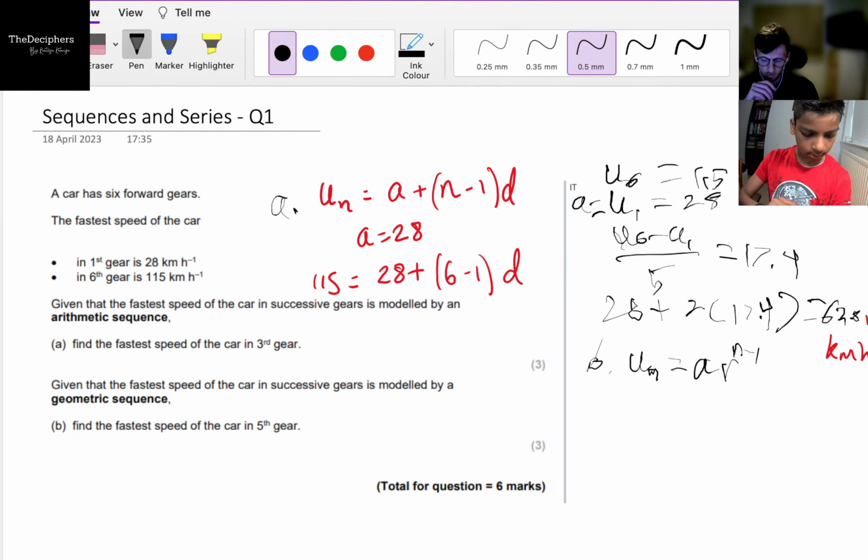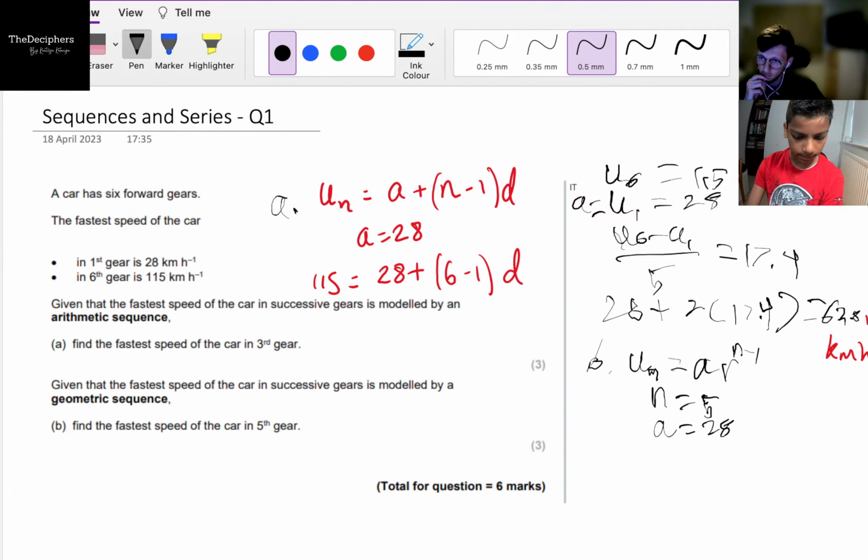And the n is 5. Well, we don't know r yet, do we? So let's use the information we've got first. We can't put n as 5 just yet. We already know that a is 28. So now we have to work out r.